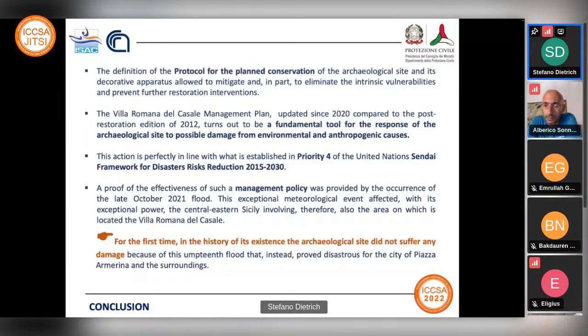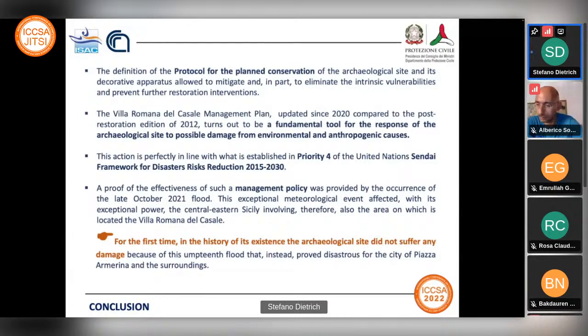This action is fully in line with priority 4 of the United Nations Sendai Framework, and the evidence of the effectiveness of this management policy was provided by the occurrence of the flood at the end of October 2021, this exceptional, powerful meteorological event in central-eastern Sicily, which also affected the area on which the Villa Romana del Casale stands.